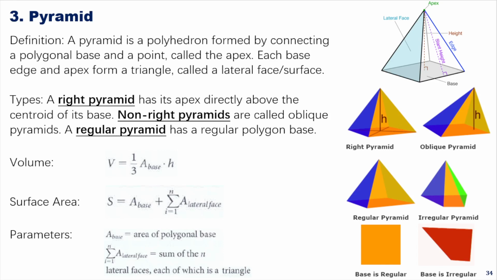The concept of these pyramids is shown on the right. The volume of a pyramid is given by this formula, which is a third of its base times its height. The surface area is given by the area of its base plus the total area of its lateral faces. Are we clear?